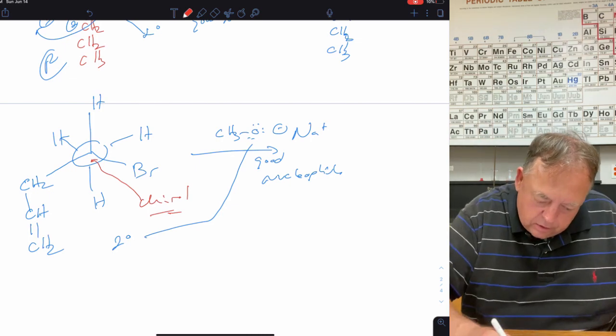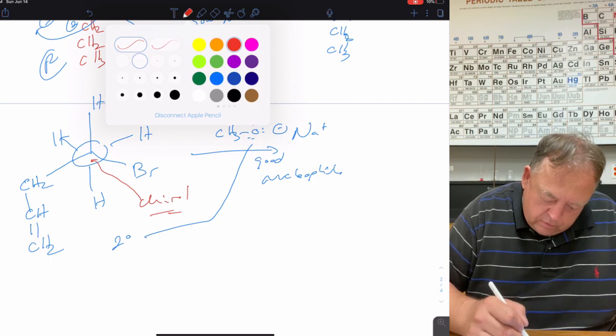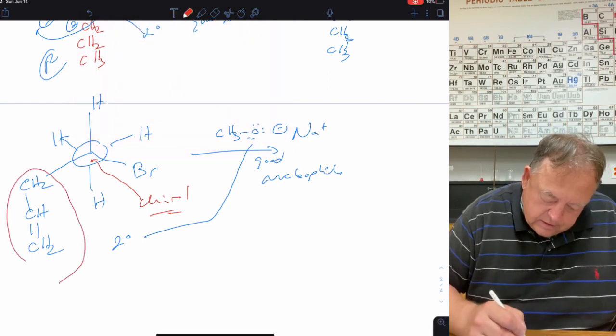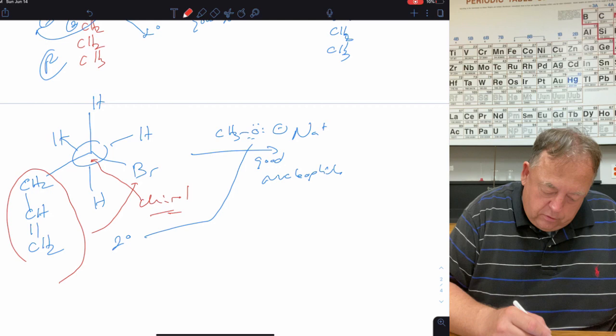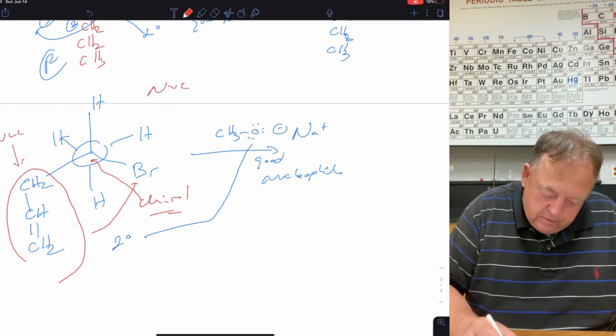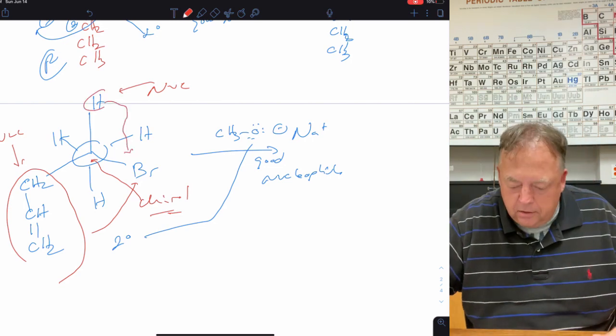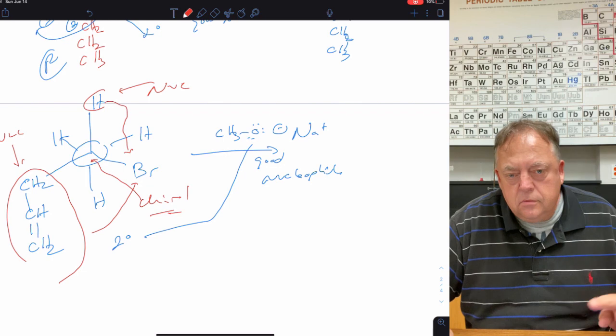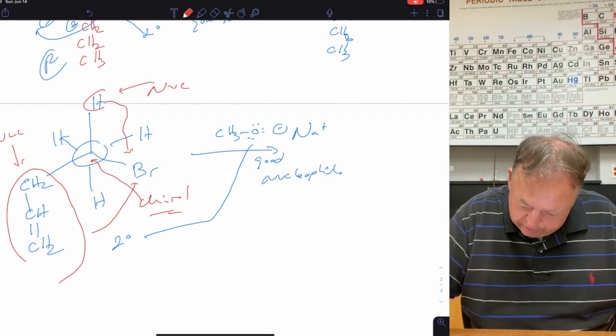So it doesn't matter, or we could move this group over to there and put the nucleophile here. Or we could put the nucleophile here and we could move that to where the bromine is, doesn't matter. As long as you only switch two things, that changes the stereochemistry.